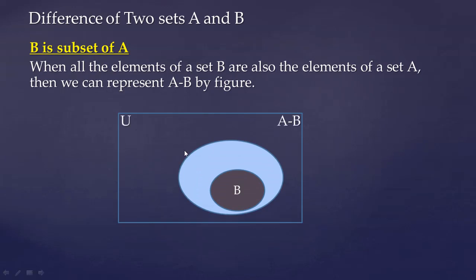We have a Venn diagram: when B is a subset of set A, then A minus B will be represented by the shaded portion. Here the shaded portion is A minus B.